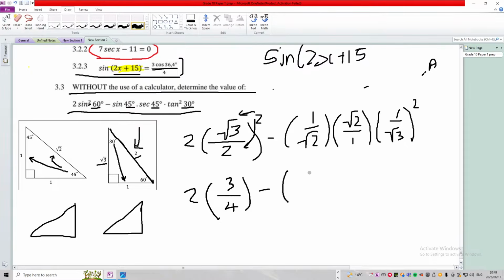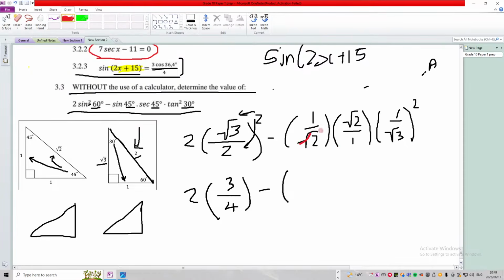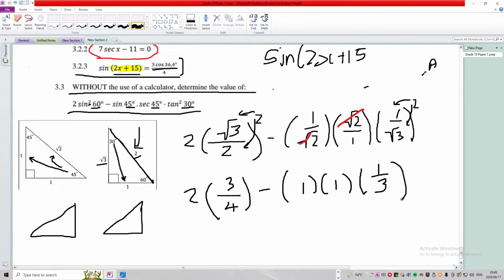Do you see over here? This cancels with that. Oh, it's lovely when things cancel. So I have 1 bracket, 1 bracket. The square goes to the numerator and the denominator. So it's 1 over, the square root cancels, so it's 3 over. Close bracket.